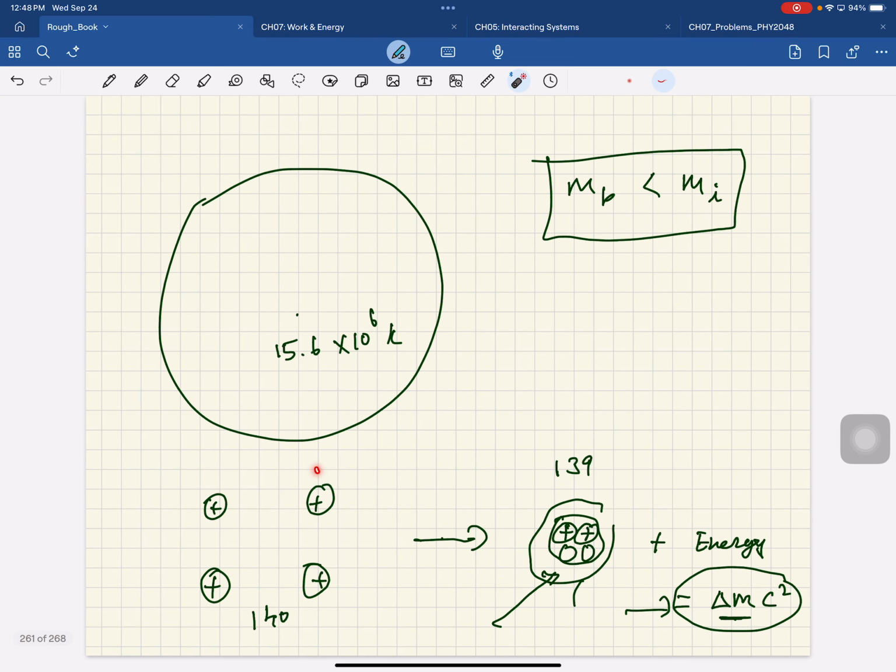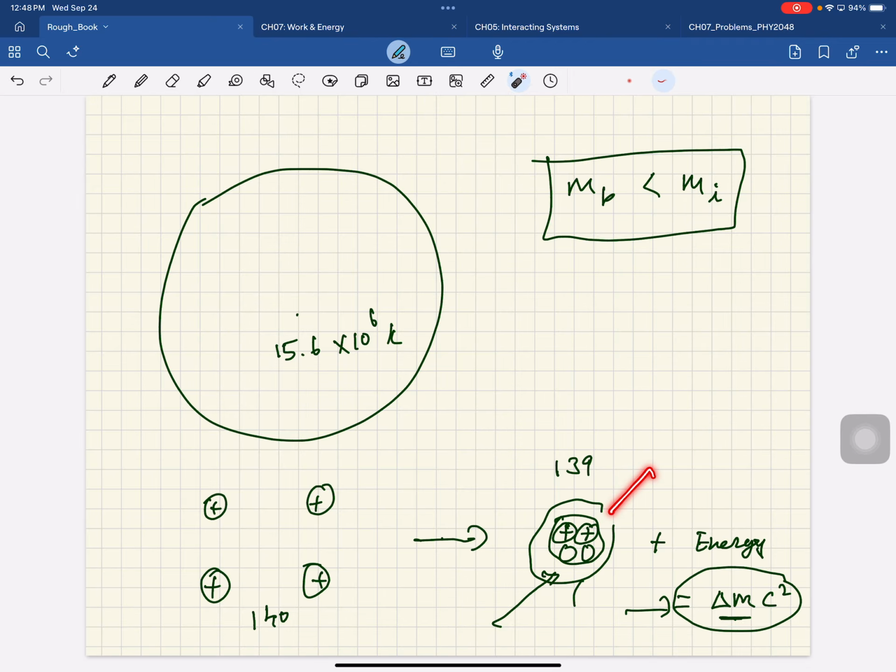Okay. So in the sun, and so here's another point. Now these guys are positive charges. So these positive charges, if you shoot two protons at each other, what happens? They repel each other, so they'll fly apart. You shoot them faster, they'll get closer, and then they'll repel each other.